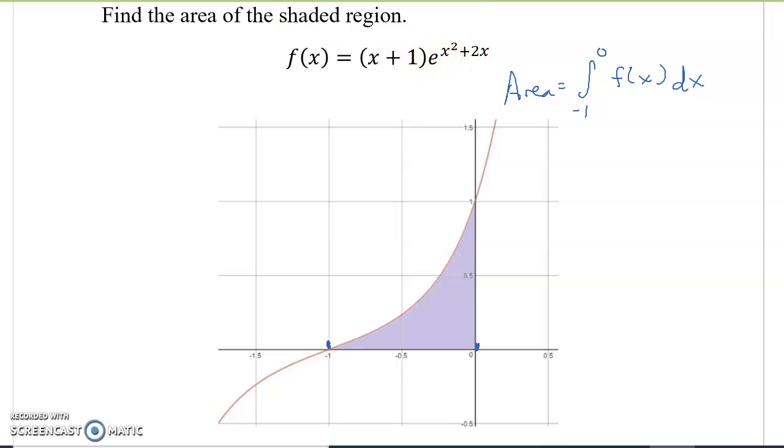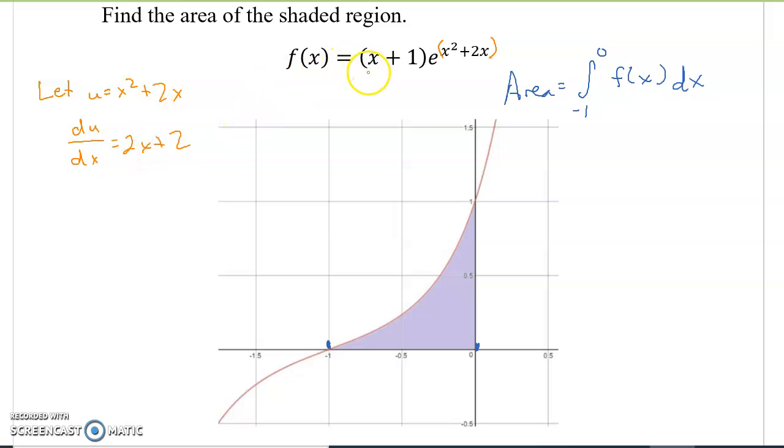Well, it's not actually as bad as it looks, because the exponent, which is a polynomial, is a great thing to let u equal, because when you take the derivative, you get 2x plus 2. And you might say, well, I don't see a 2x plus 2.